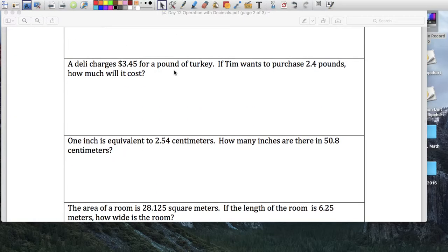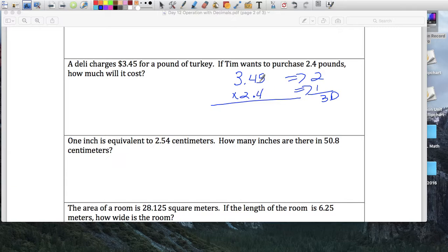A deli charges $3.45 for a pound of turkey. If you bought 2.4 pounds, how much? 1 pound is $3.45, 2 pounds would be double that and then a little bit more, so it's a multiplication problem. $3.45 times 2.4. There are 2 decimal places here and 1 decimal place here, for a total of 3 decimal places.